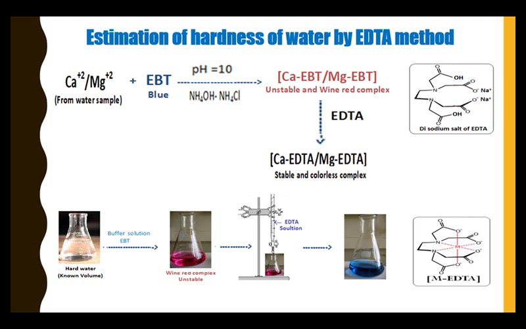When all free calcium plus 2 and magnesium plus 2 ions are complexed with EDTA, the further added EDTA displaces EBT from calcium EBT or magnesium EBT complex. Therefore, the wine red color finally changes to blue, that is due to the displacement of EBT from calcium EBT or magnesium EBT complex.